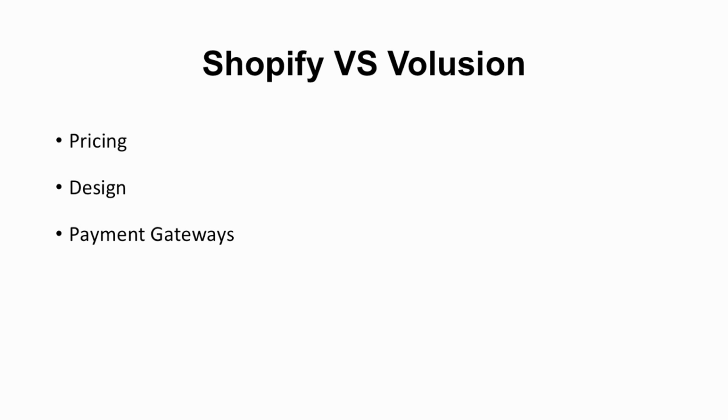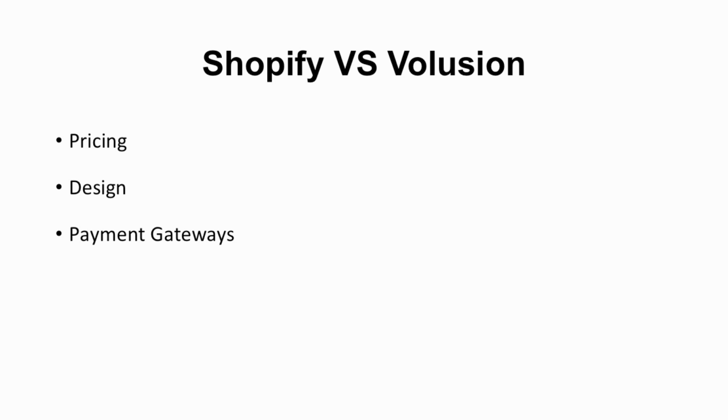Integrating with more than 70 payment gateways, including all the major players, Shopify works with a wide variety of processors. To top things off, their in-house processor, Shopify Payments, was launched in August of 2013. Volusion integrates with several domestic and international gateways which aren't compatible with quite as many processors as Shopify.